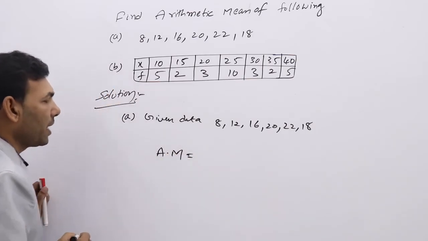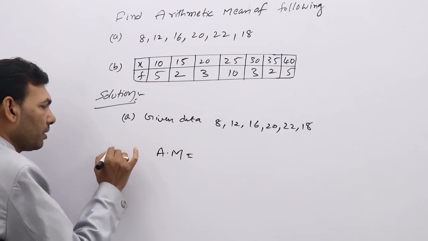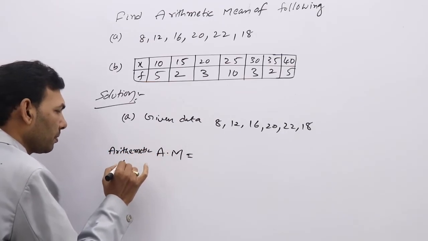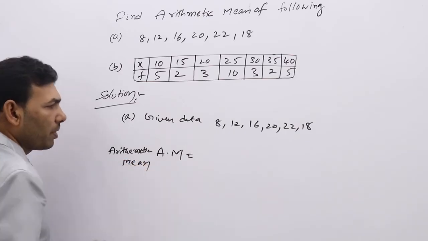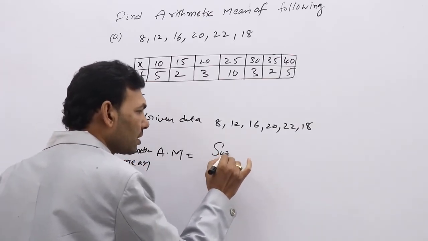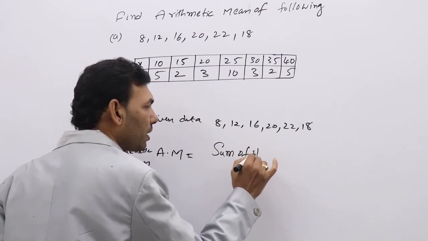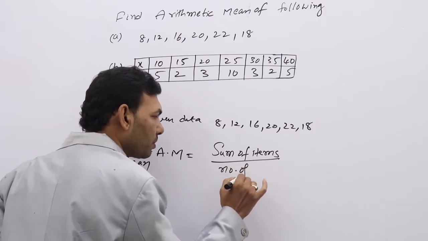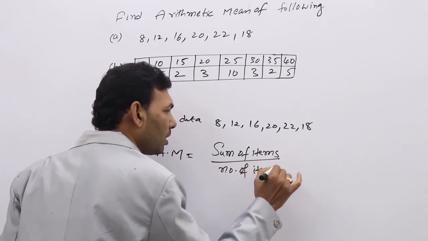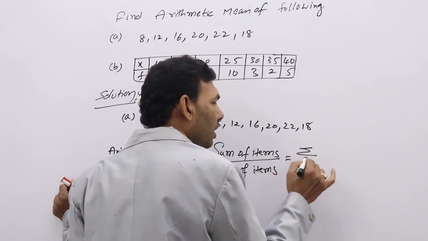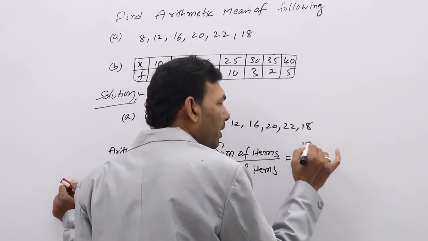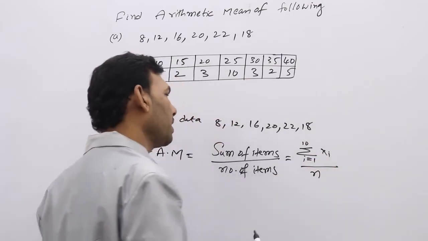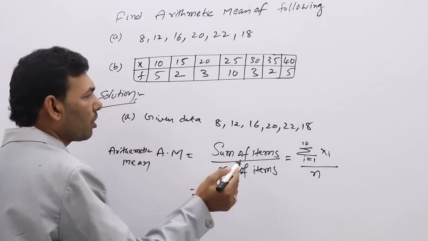Arithmetic mean or mean, both are the same. AM equals sum of items by number of items, or sigma i equal to 1 to n xi by n.